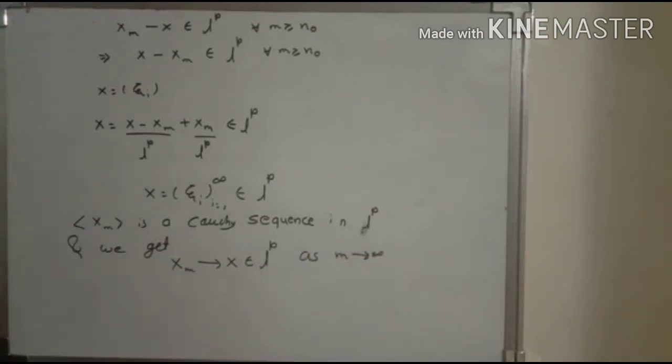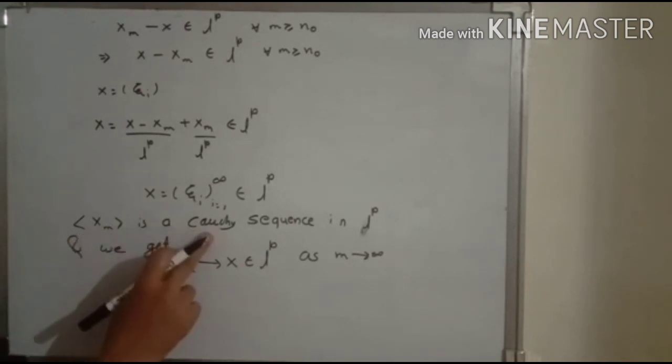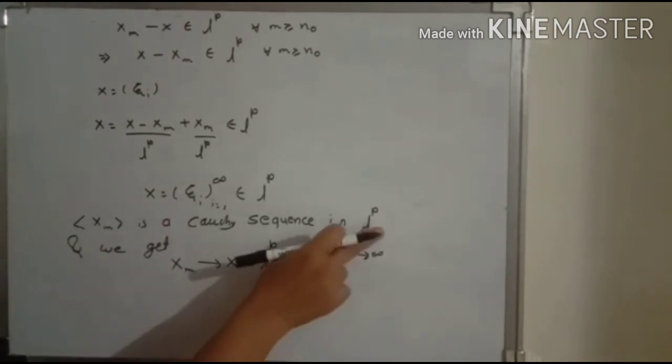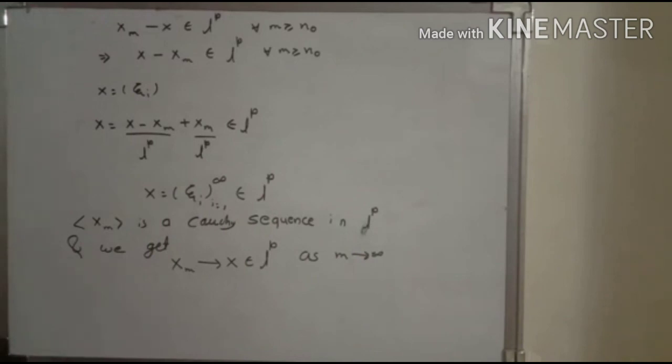But here xm is an arbitrary Cauchy sequence in LP, and we get that every arbitrary Cauchy sequence in LP converges in LP, and hence LP is a complete metric space.